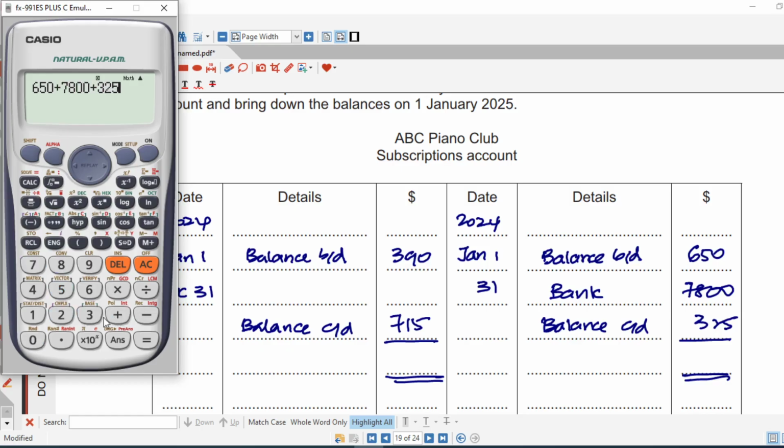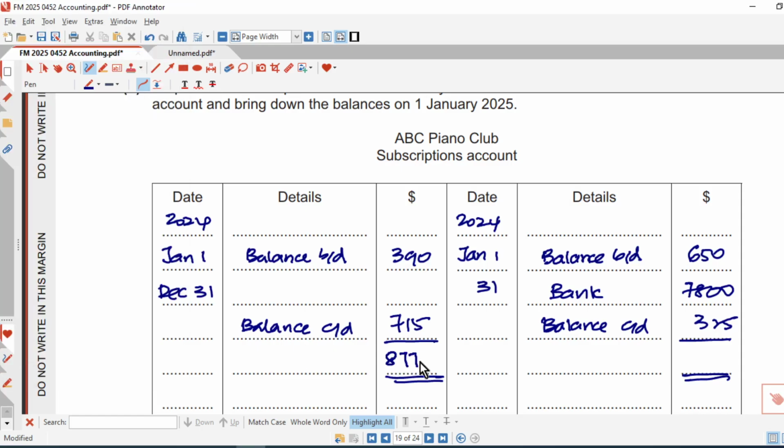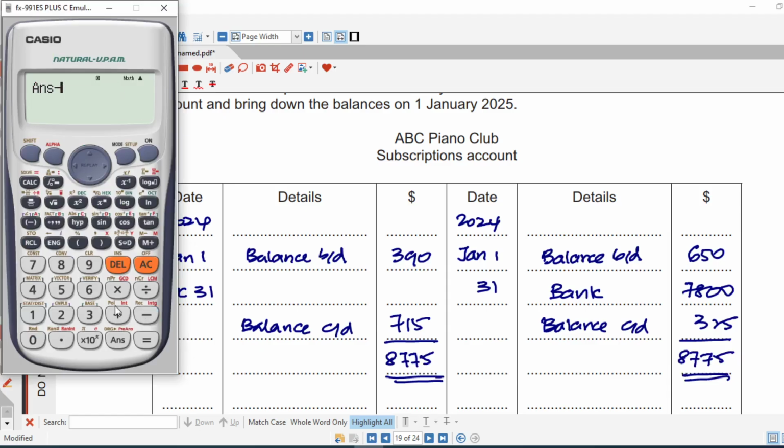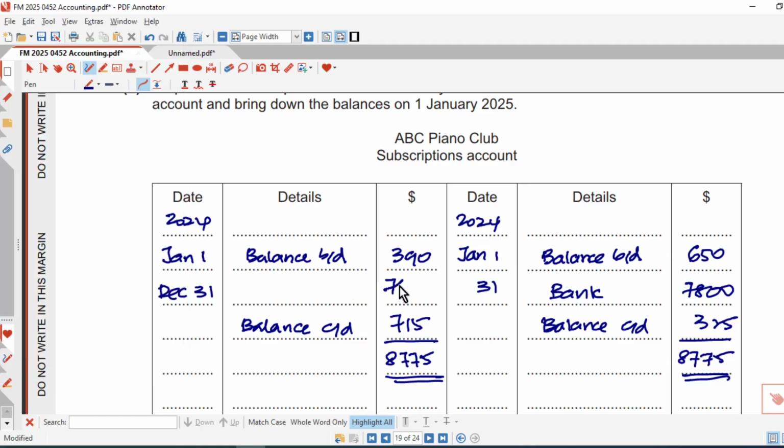So the total of the credit side is 8,775. That's the larger total. So I'm going to minus 390 and minus 715 to get 7,670.